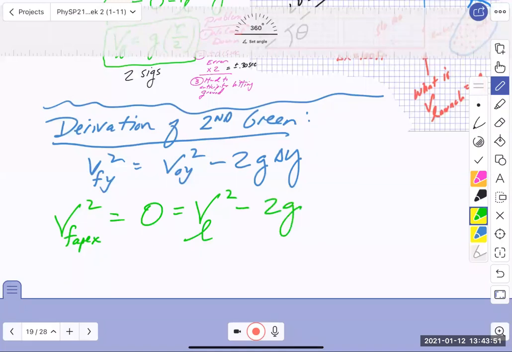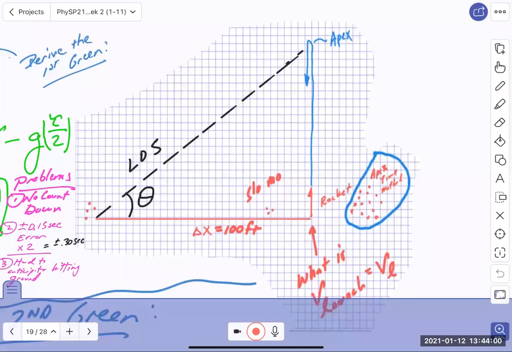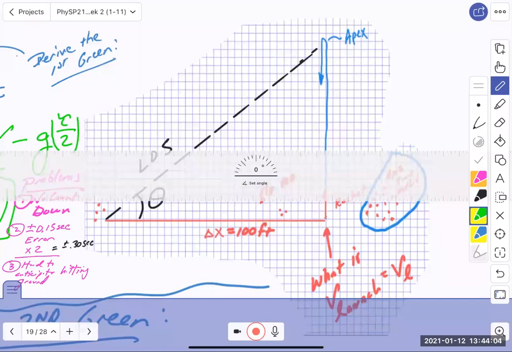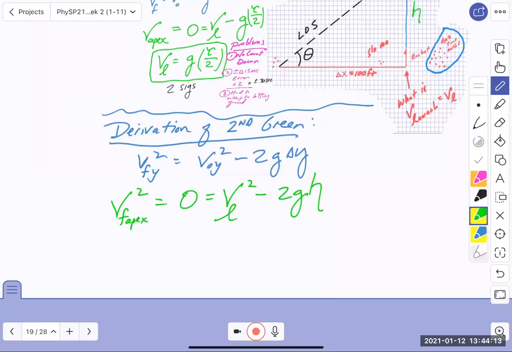And this is not just any old delta y, this is the height, so we put 2gh. So this is h here. Let's solve for V launch then. V launch is simply the square root of 2gh. But the problem is, I don't know what h is.